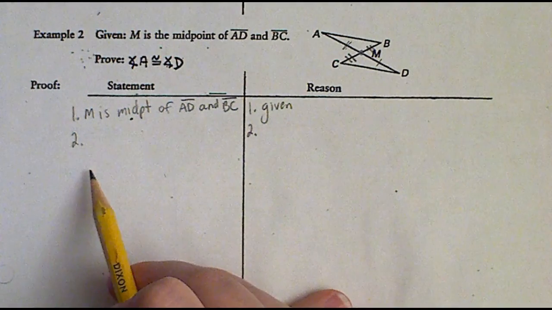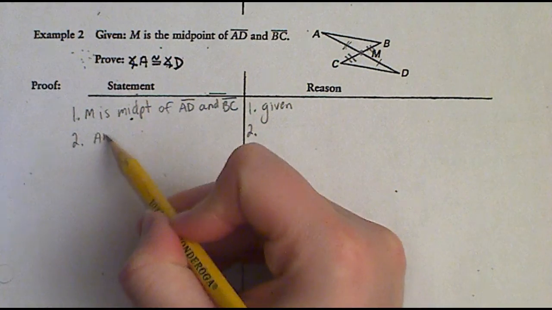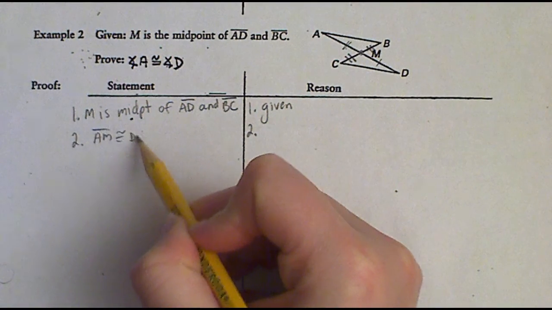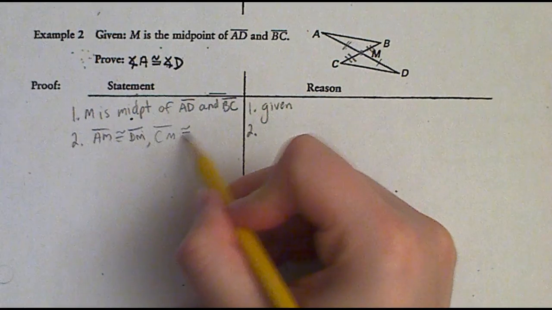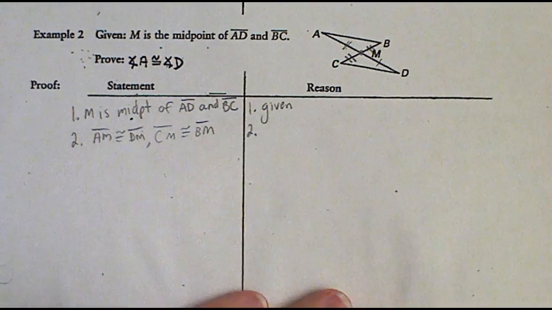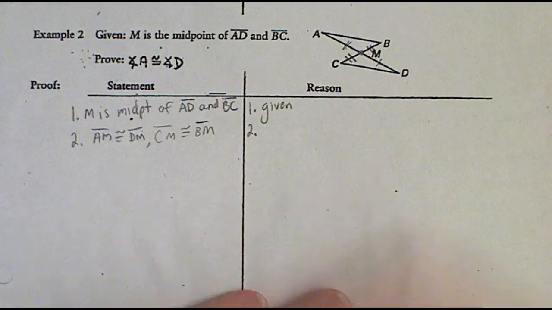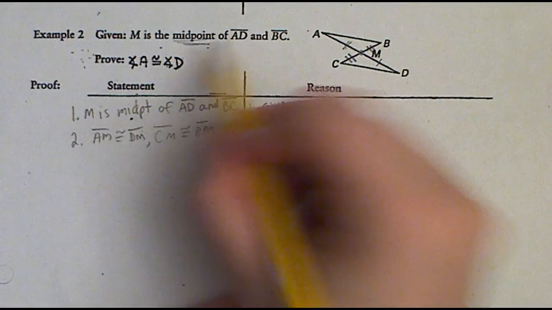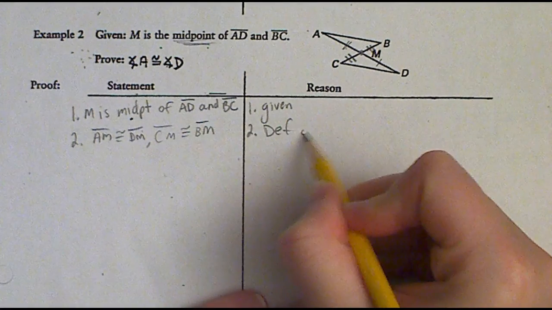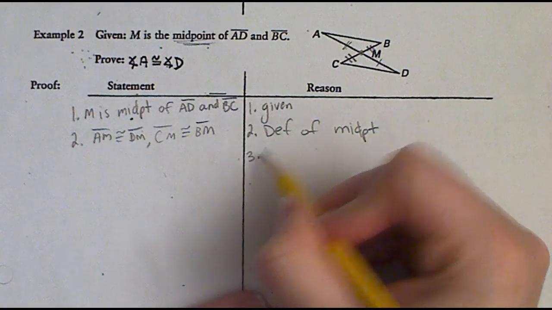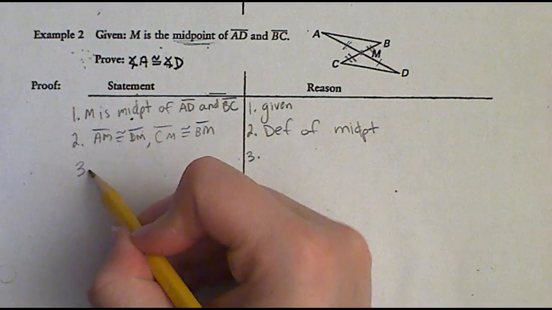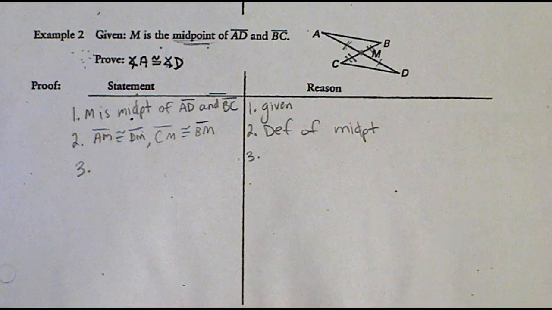Then I would need to write that down. So AM is congruent to DM, CM is congruent to BM. The reason for that is I see the word midpoint, so definition of midpoint. I also see a set of vertical angles.